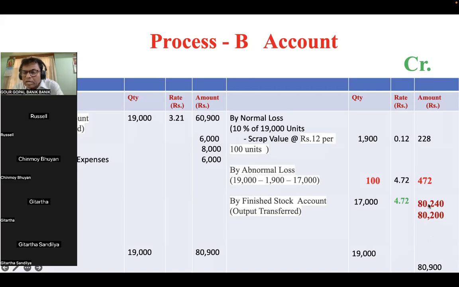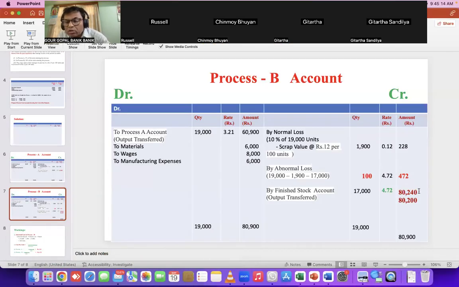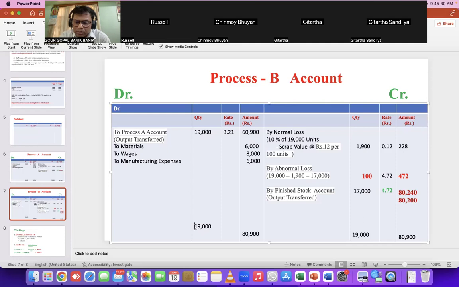This is the correct figure, but if you take it, the total won't tally. So here you please compromise, accounting error or whatever, you have to compromise. Don't take the correct figure. You do it this way: 80,900. This is the total cost, 80,900. I'm just correcting it.